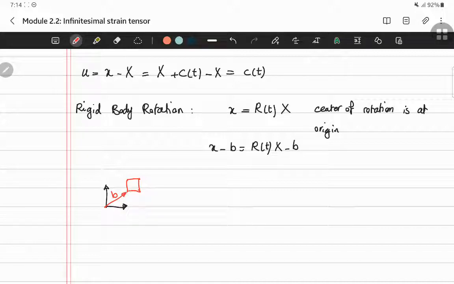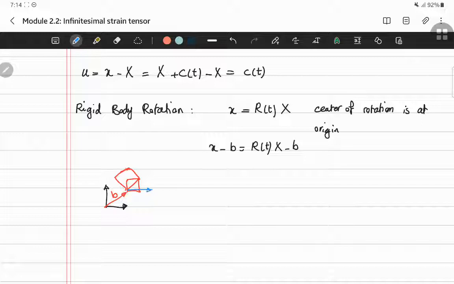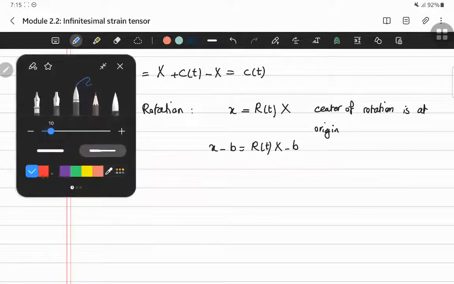So you have to subtract b to translate the origin from here to here. That is the concept behind using b here. All right.